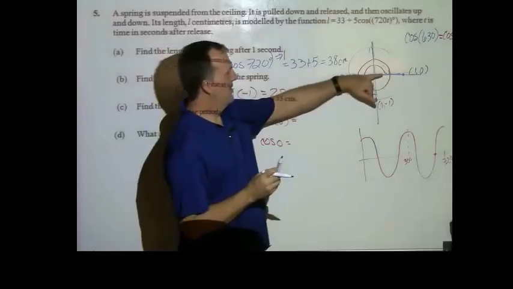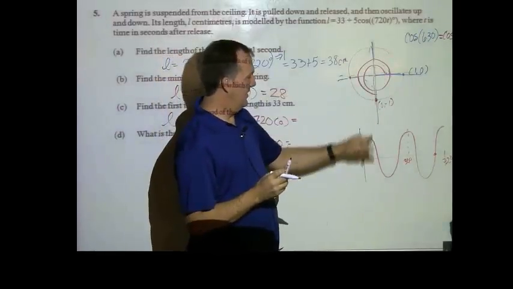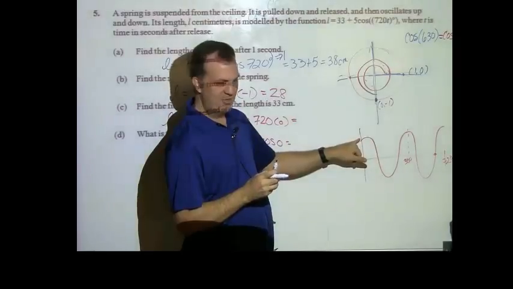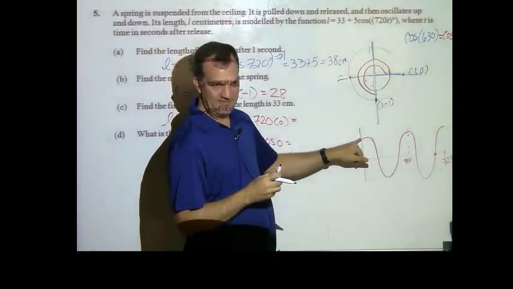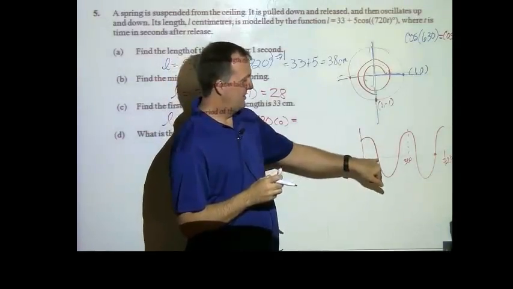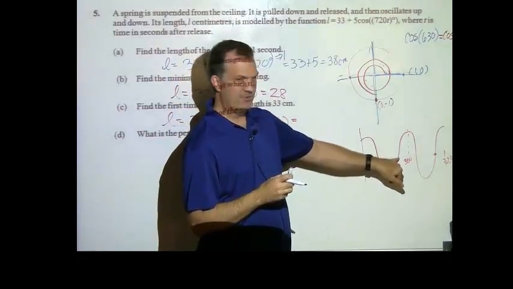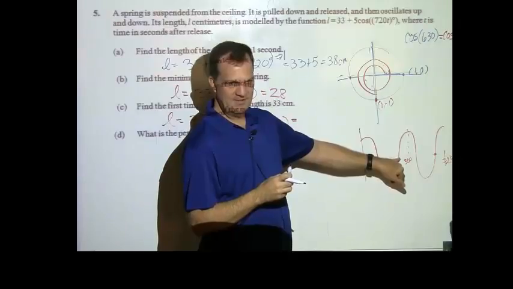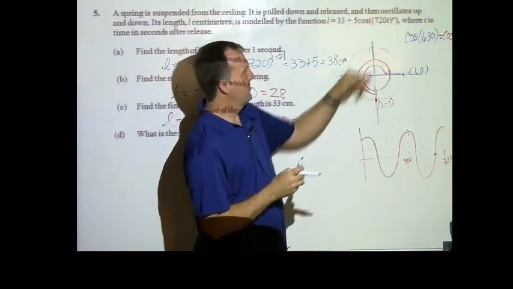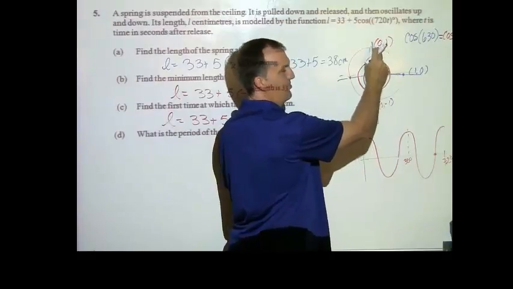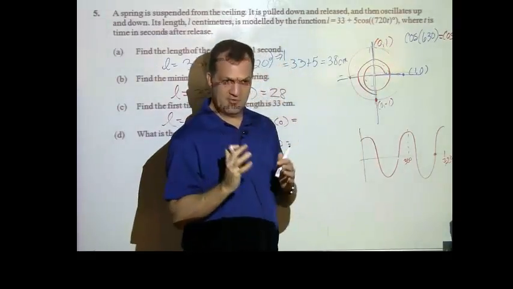Do you see why it's 1? Because the cosine of 0 degrees is 1. You want it to be the cosine of 90 degrees or 270, where the cosine value is 0.